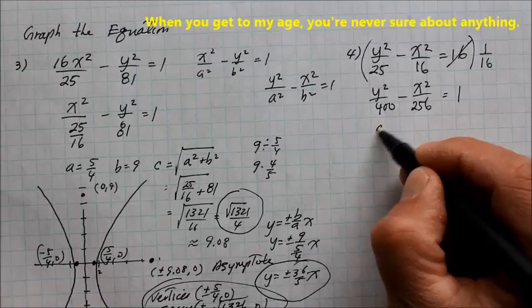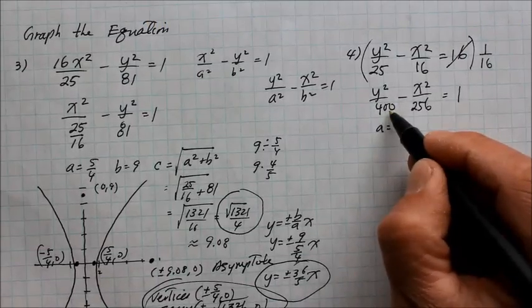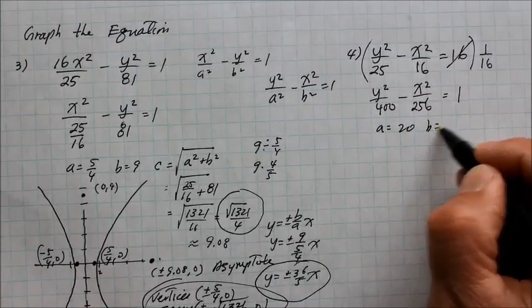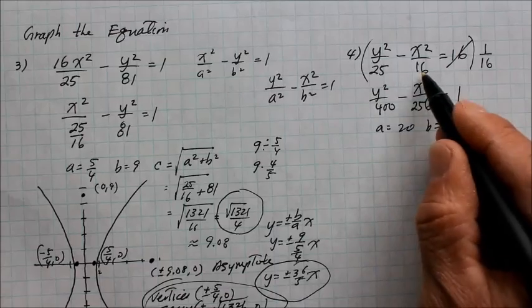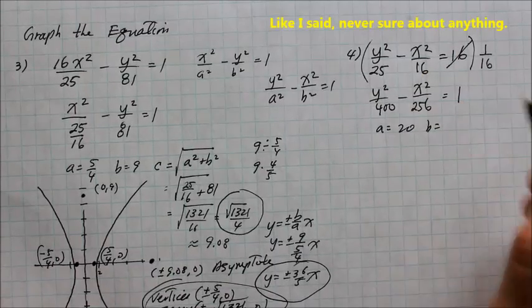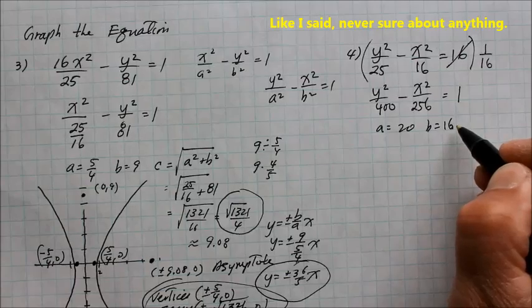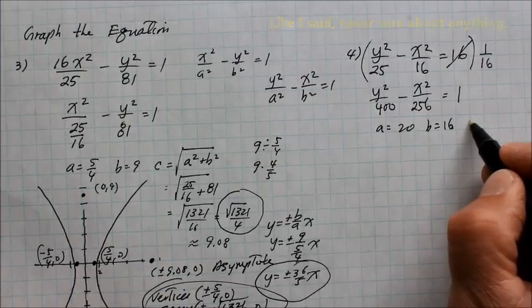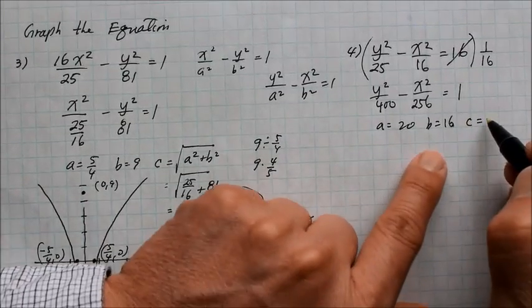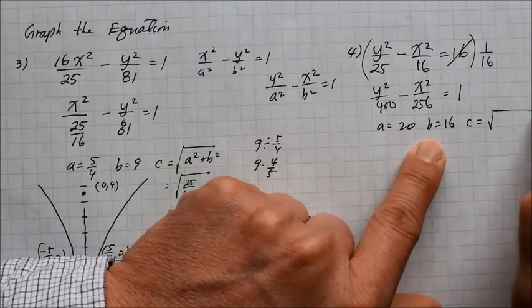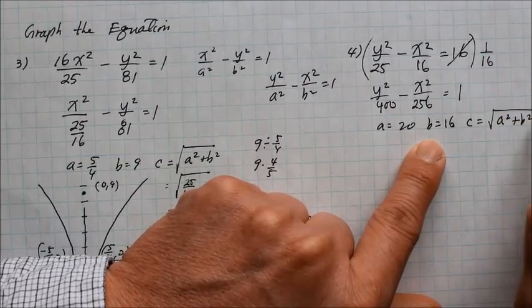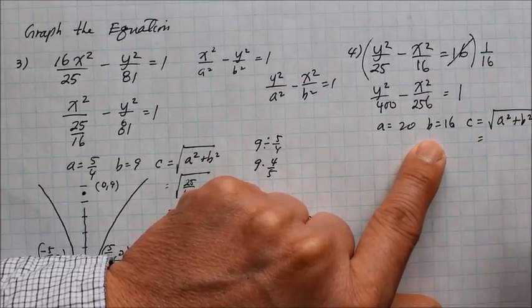So what's my a? A is the square root of 400, which is 20. What's my b? The square root of 256, which is 16. Yeah, and c, the foci, is the square root of a squared plus b squared. So let's evaluate.